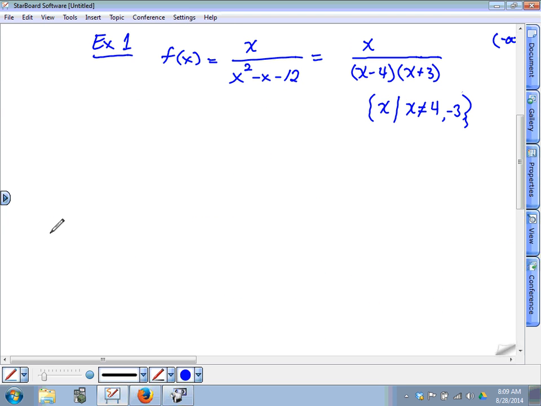Oh, simplifying. Equally as easy. Simplify a rational expression. If you're pretty good at factoring, this ought not to be a problem, because it involves a little bit of factoring. Example 2.